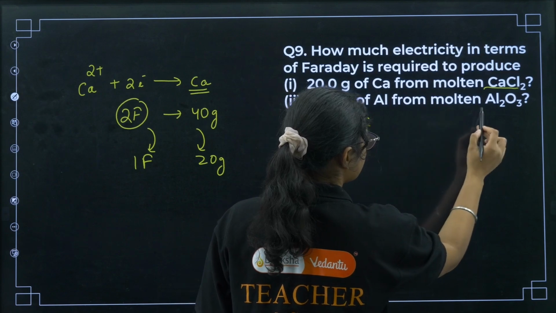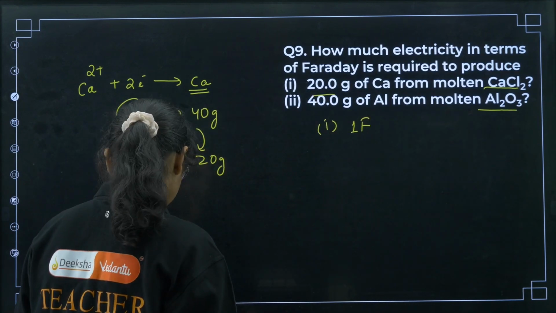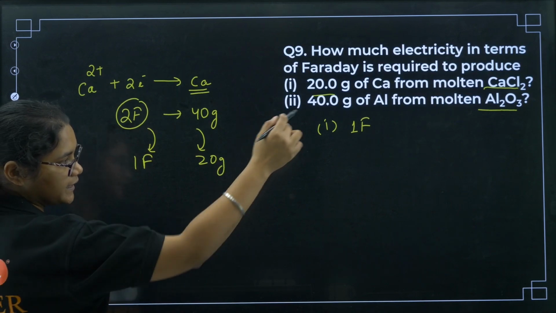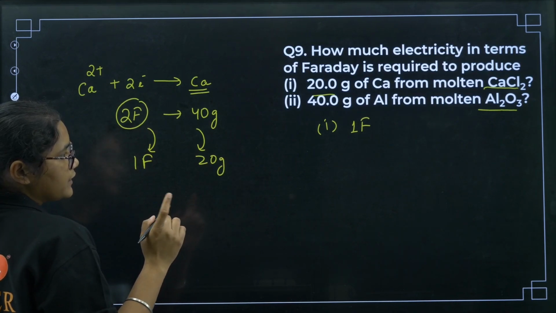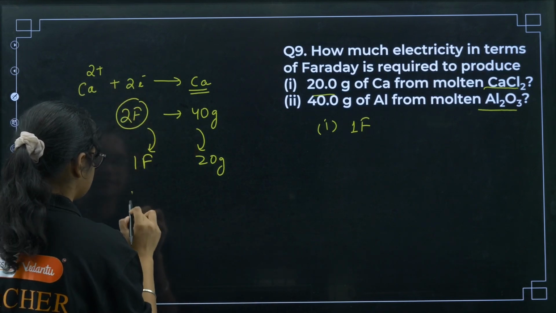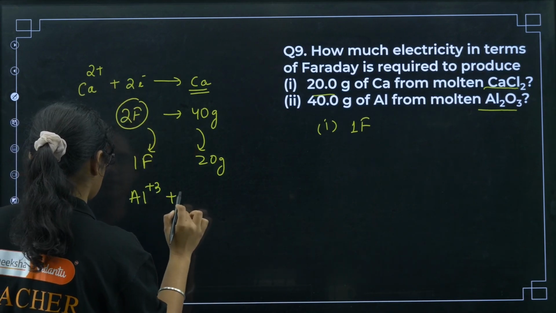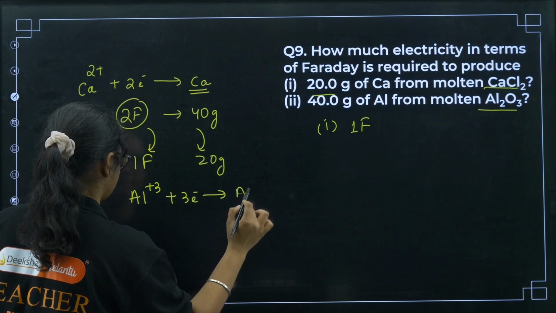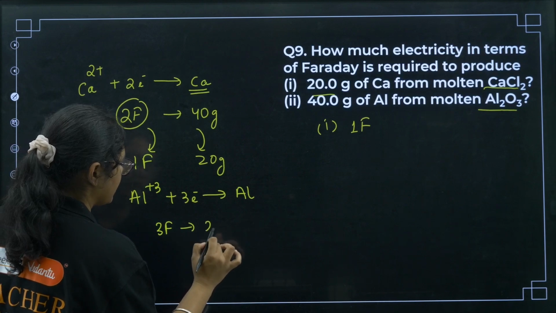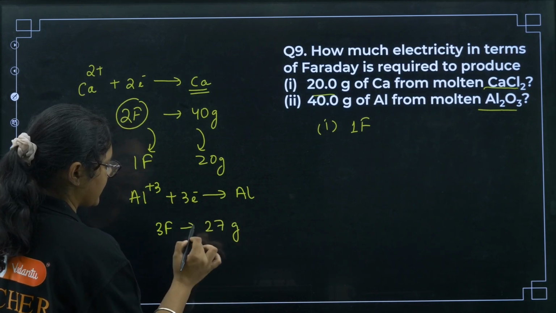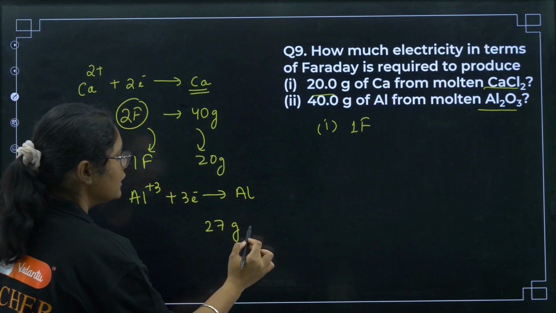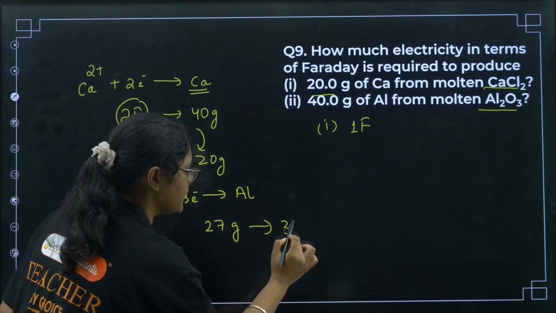Next, 40 gram of aluminium from Al2O3. If you see, aluminium is in 3+ oxidation state here, right? So 40 gram of Al from molten Al2O3. So 3 Faraday gives me 27 gram of aluminium, or I can say 27 gram of aluminium is produced by 3 Faraday.